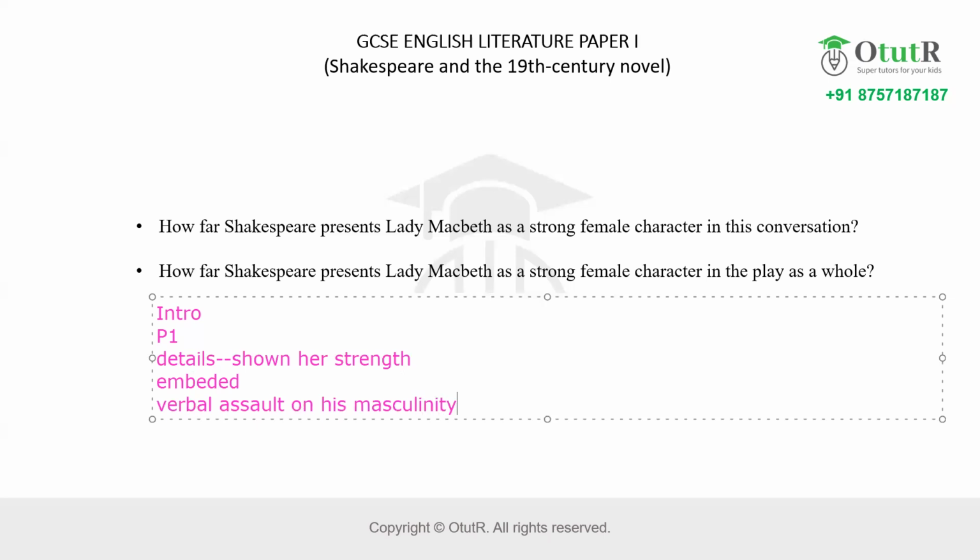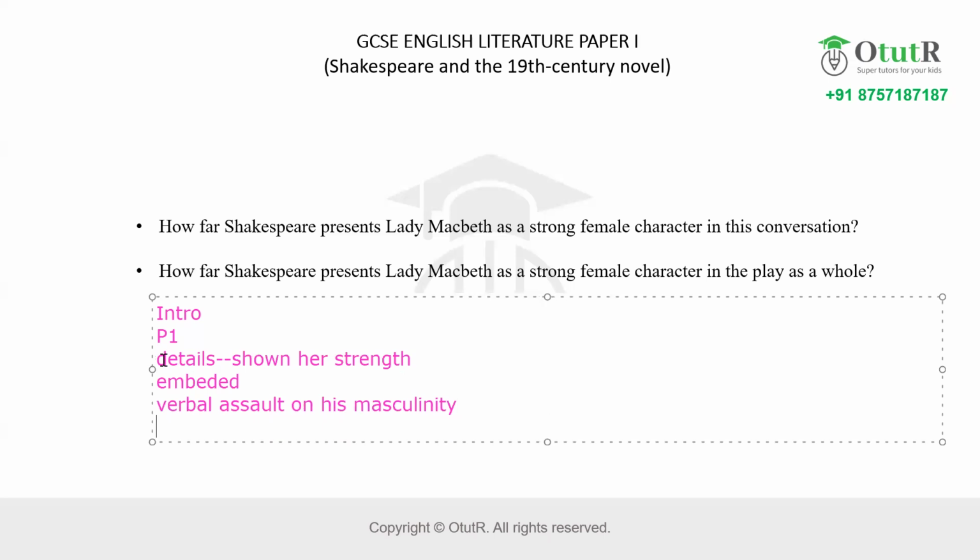She provokes him. And this is when she uses a rhetorical question, which says, now it has to be in double inverted commas whenever you are quoting it, "Was the hope drunk wherein you dressed yourself?"